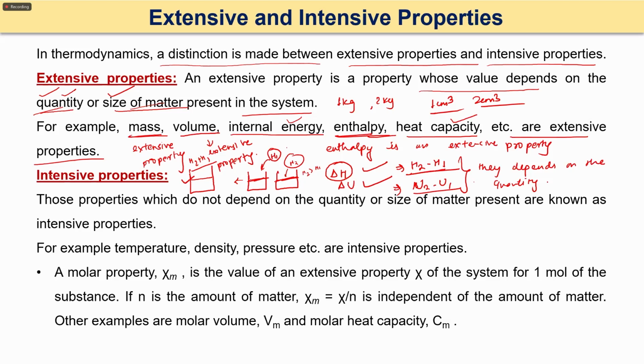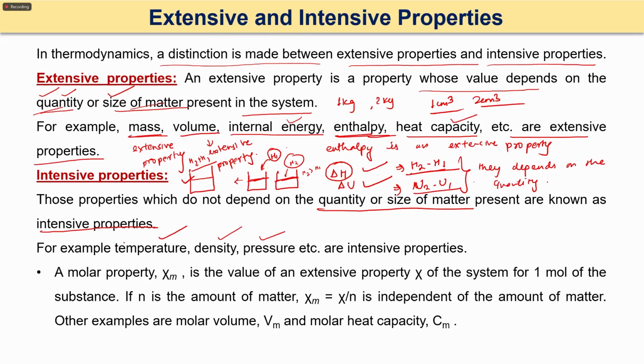Next, we have intensive properties. Those properties which do not depend on the quantity or the size of the matter will be called intensive properties. For example, temperature, density, pressure.